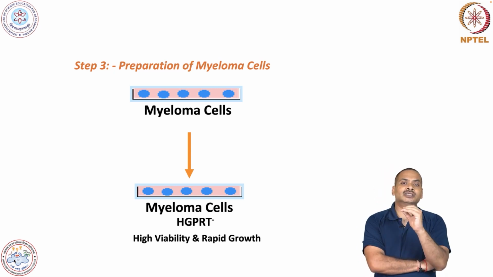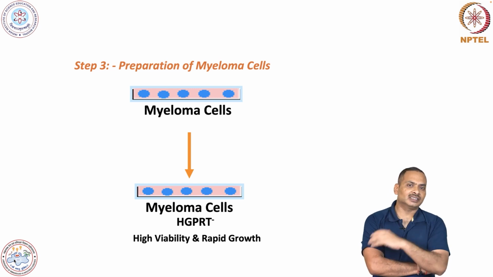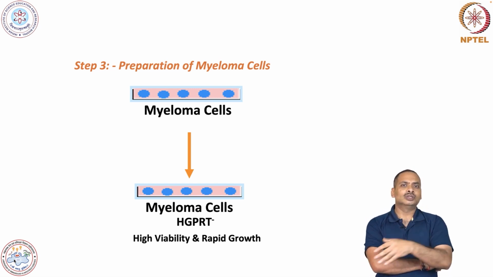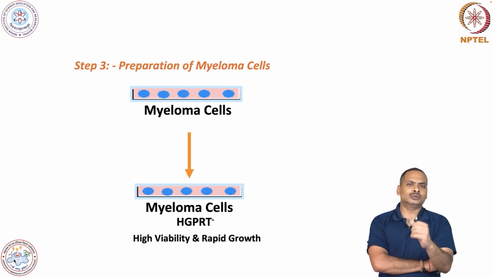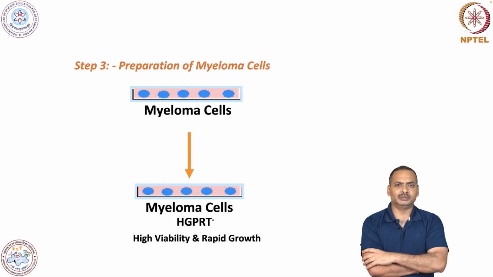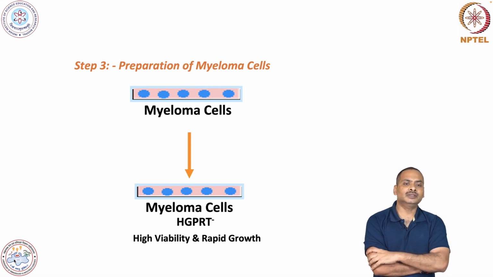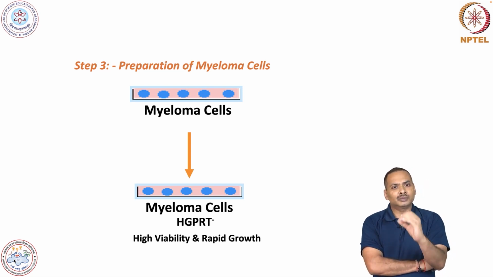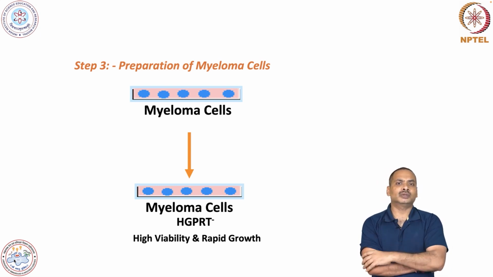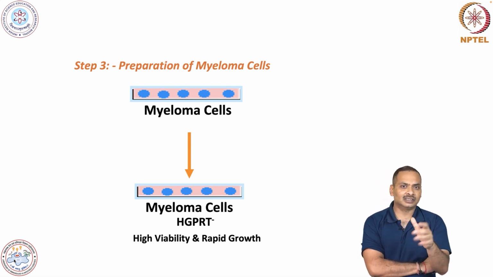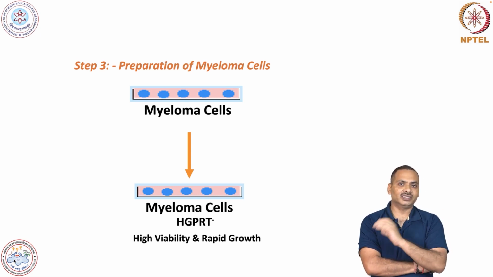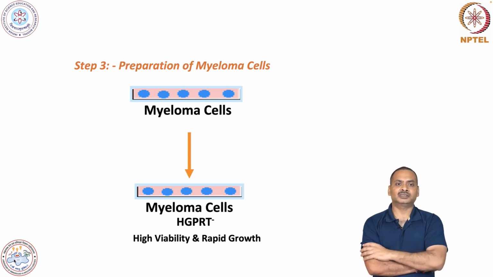So this mice is basically lacking this enzyme. I will explain what is the use of this enzyme in a subsequent slide. Okay. So this myeloma cell is derived from HGPRT knockout mice, and it is cancerous in nature. They can grow indefinitely. Just remember this thing.